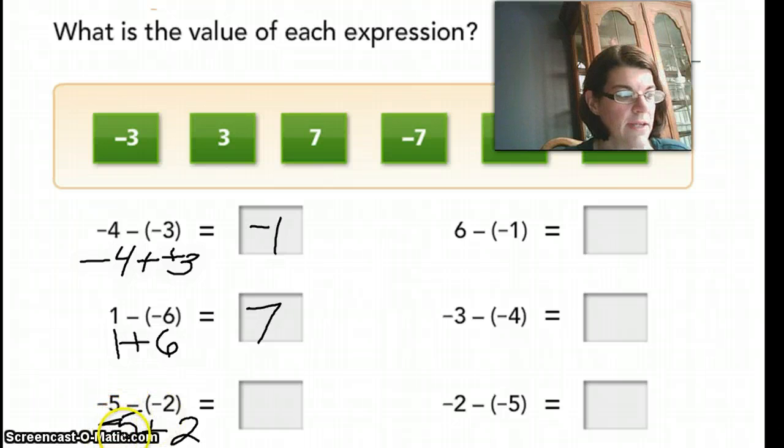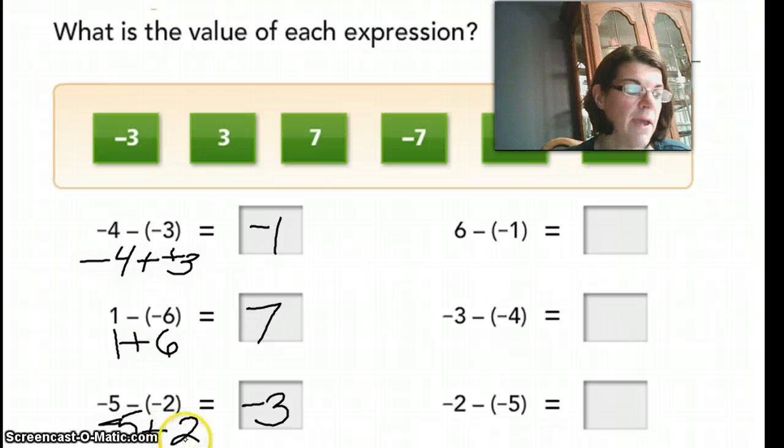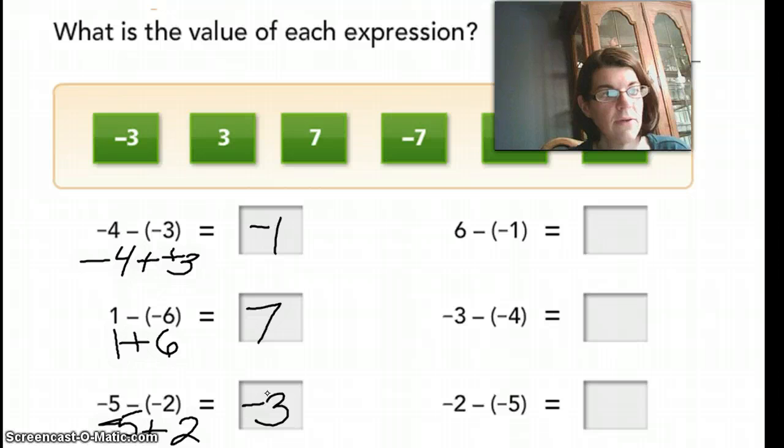So negative 5 plus 2. The signs are different. We have to subtract. We get 3, and we keep the sign of the larger absolute value, which is negative. If I owed $5 and I had $2 to pay back part of that debt, I would still owe $3 to my friend.